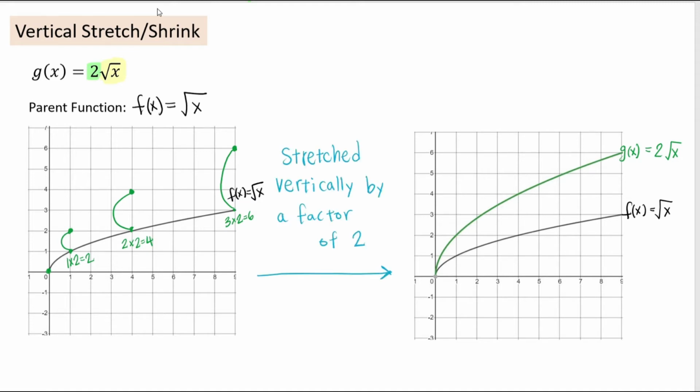In terms of f of x, g of x is equal to 2 times f of x. The factor of positive 2 stretched the parent function vertically by a factor of 2.